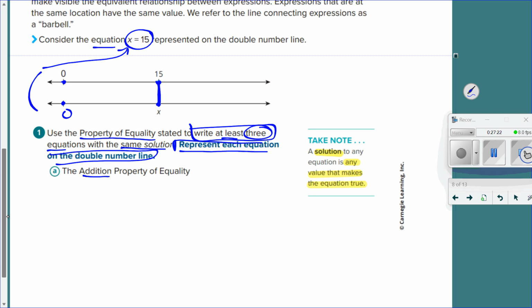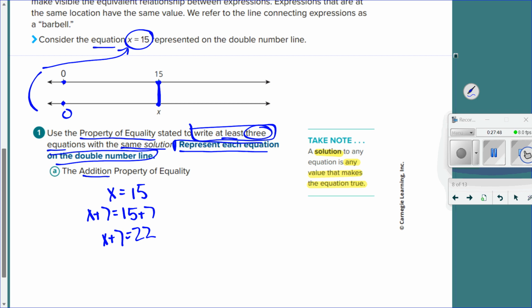So using my base of x equals 15, the addition property of equality says if I add 7 to both sides, x plus 7 equals 15 plus 7, it now remains equal. So what's 15 plus 7? 22. So there's my first one. I'm now going to graph this.